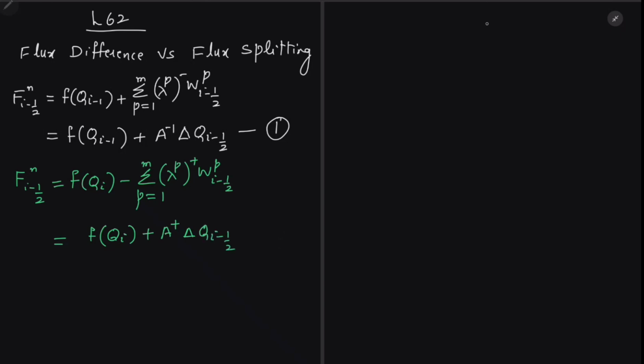So it all depends on where the wave is traveling from. If the wave at i minus 1 half is traveling from left to right, this is q i minus 1, and the flux is at q i minus 1, then you need to add the fluxes of the wave traveling from right to left.